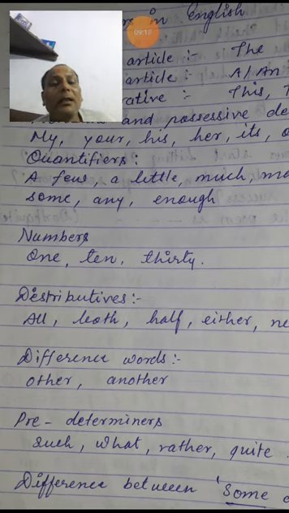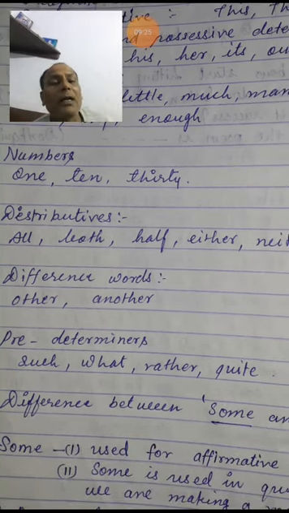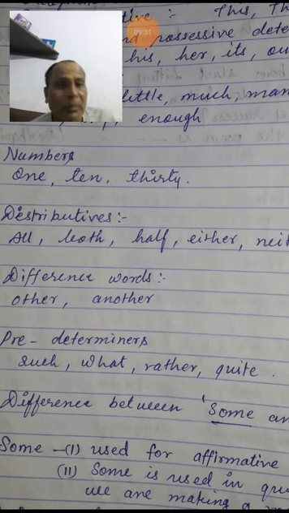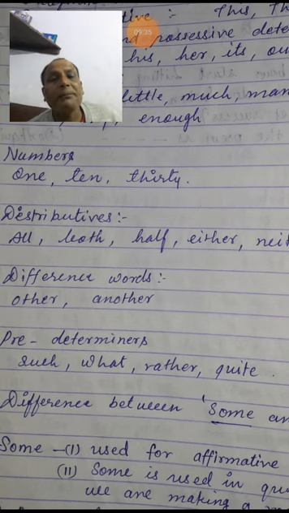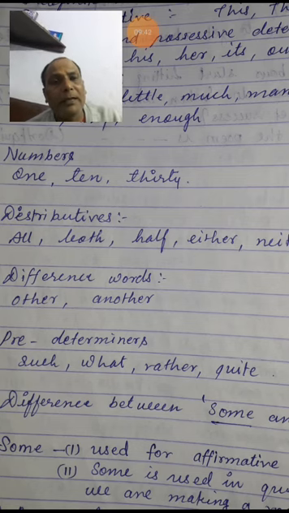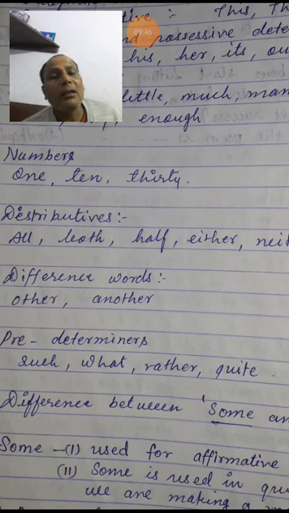Different words: other, another. Predeterminers: such, what, rather, quite. These words are always used before the noun phrase. Other and another are used sometimes: you can go another way, you can take another way. In such a way you can use other or another.